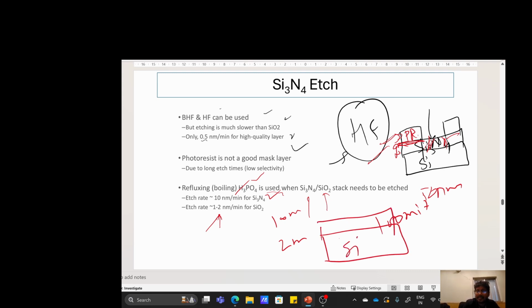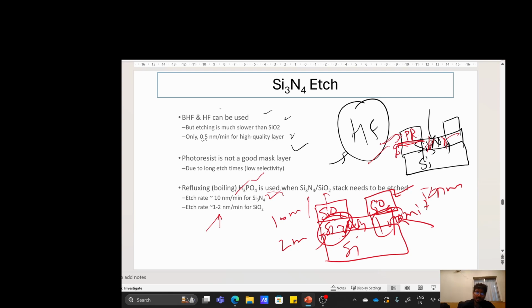So in this case, this is silicon nitride, Si3N4, and you have patterned SiO2, and you want to protect this part. Now you can etch; you just need sufficient SiO2 over that.